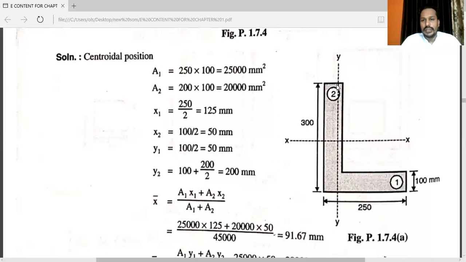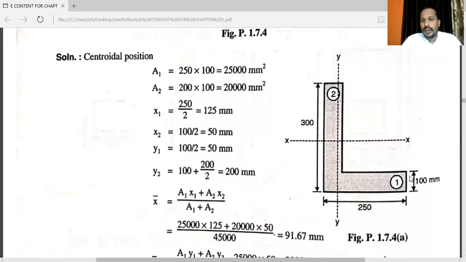See the moving cursor. Above this line, we are considering the second rectangle.